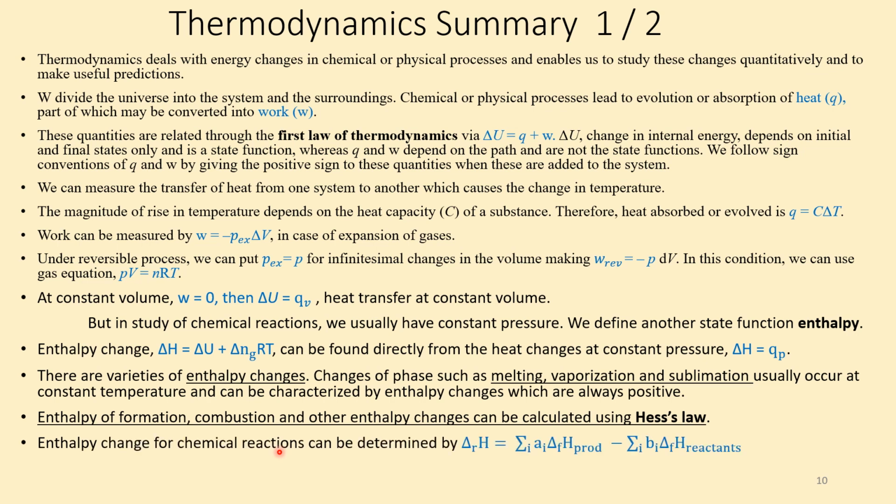Enthalpy change for a chemical reaction can be determined by delta rH is equal to sigma ai delta fH of products minus sigma bi into delta fH of reactants, where a and b are stoichiometric coefficients. In gaseous states, delta rH is equal to sigma of bond enthalpies of reactants minus sigma of bond enthalpies of products.